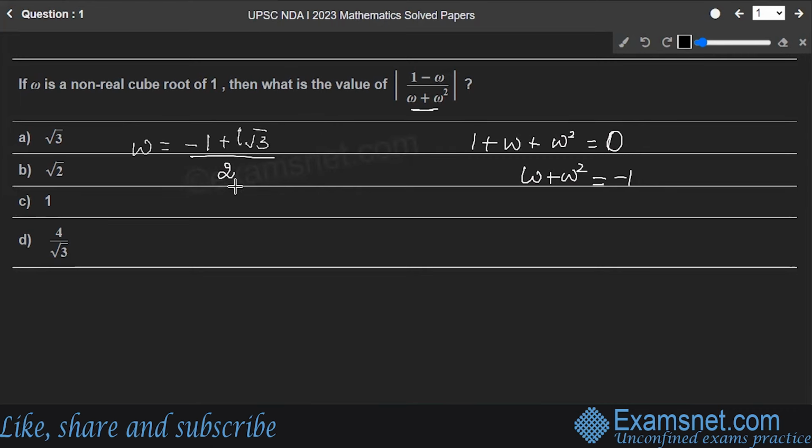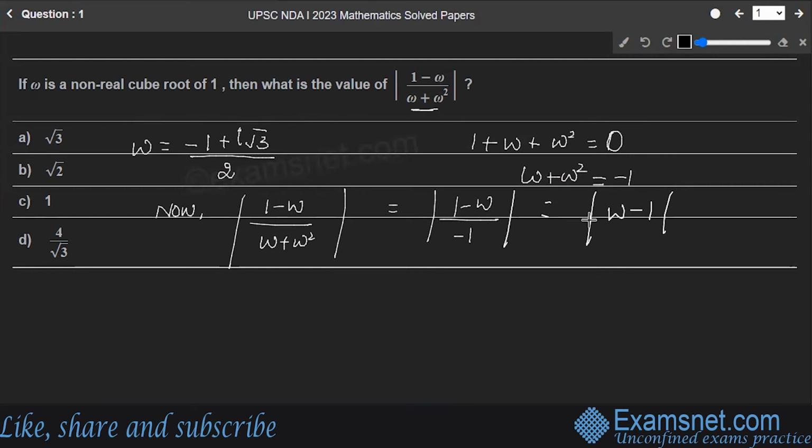So let's fill in. The given expression will become 1 minus omega upon omega plus omega square, which can be written as 1 minus omega upon -1, which is equal to omega minus 1. So omega, this is the value, let's fill.